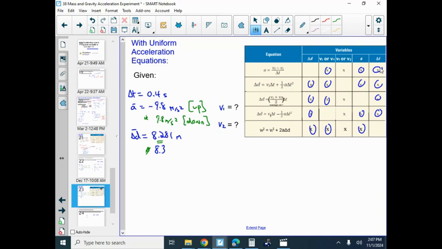This equation looks like it should work: delta d equals v1 delta t plus 1/2 acceleration delta t squared. If you remember it, you can use it, right? So the 8.3 equals the v1, which we want to know, times the time, 0.4, plus 1/2 the acceleration, negative 9.8, and the time again squared. So we just have some numbers to work out here, right?